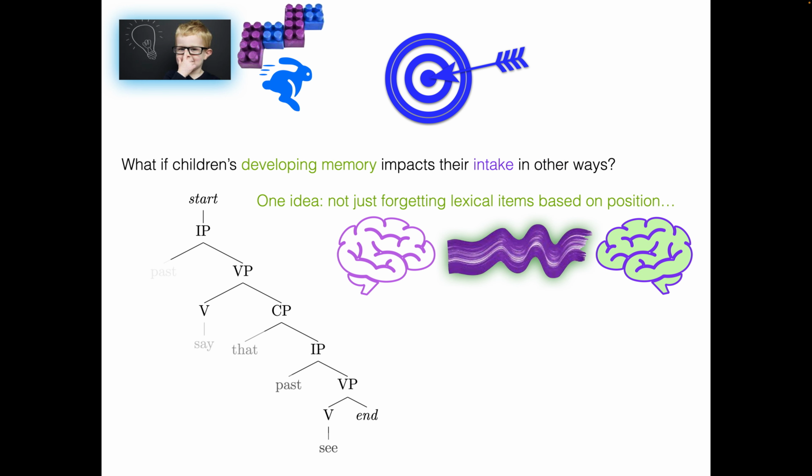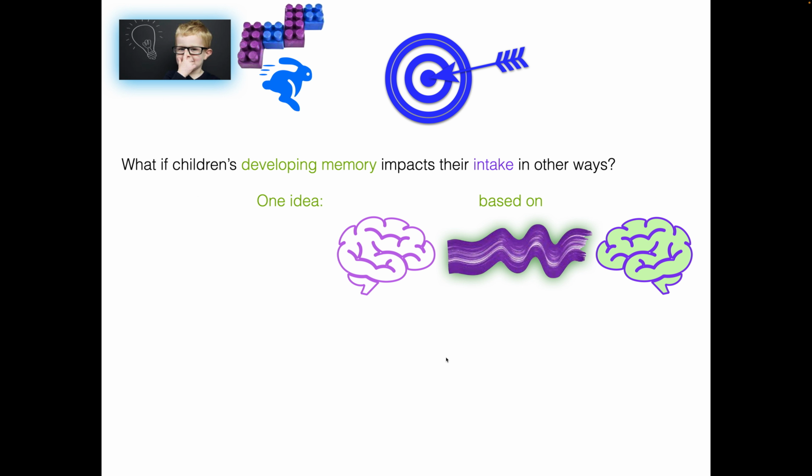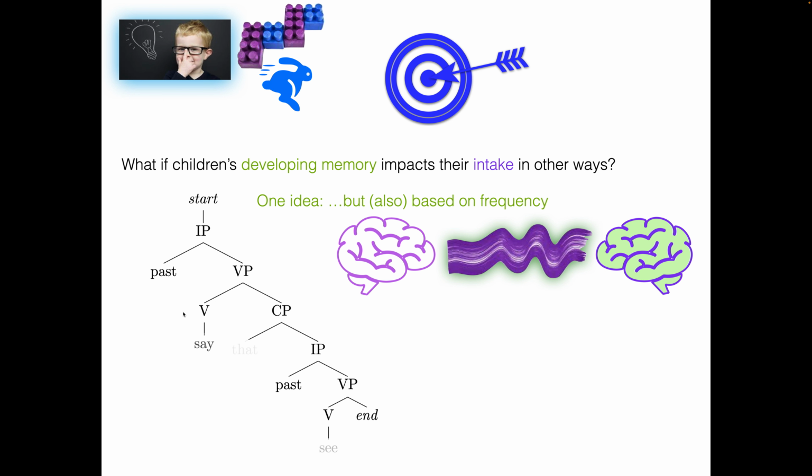So what if children's developing memory impacts their intake in other ways? So maybe not just forgetting lexical items based on position, like a recency effect, but maybe forgetting them based on how frequent, or in this case infrequent, they are compared to other items in that same input signal. Not just forgetting lexical items, for example, but maybe also forgetting structure.